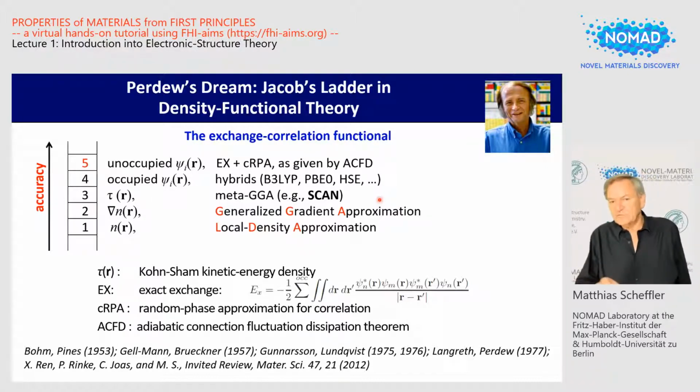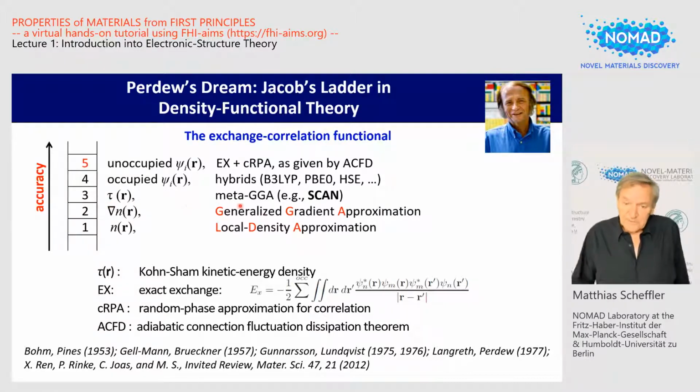If you would do this, say, naively, you would see that the first correction term would not really give you a better description than the first one. There are some misleading terms in it, and so what Perdew has done is generalizing the gradient approximation.